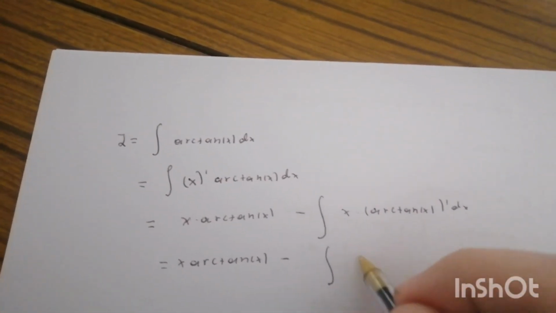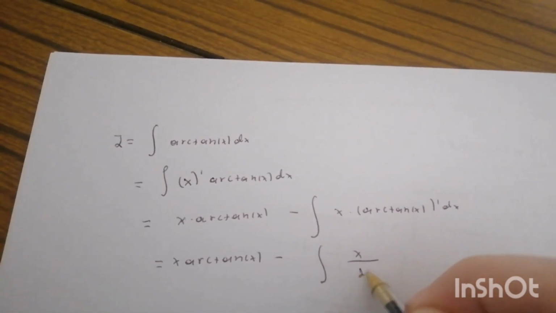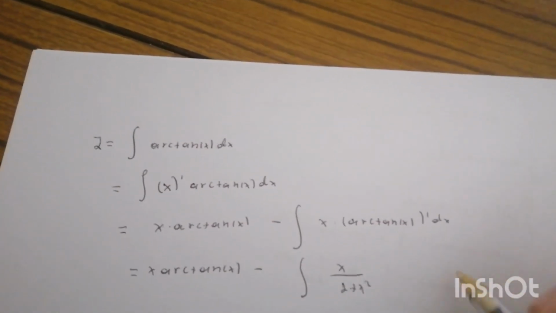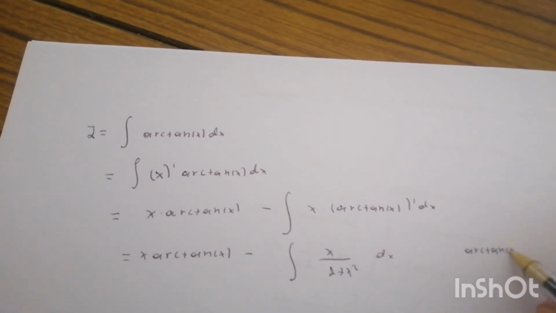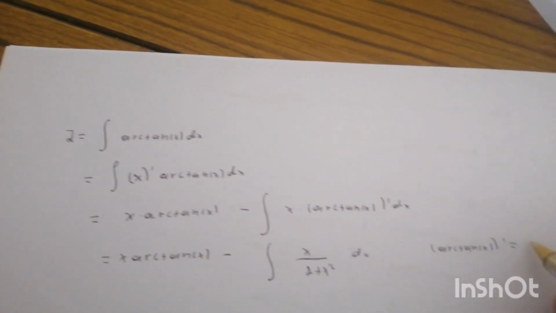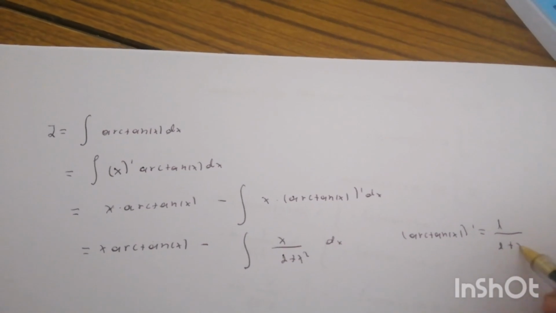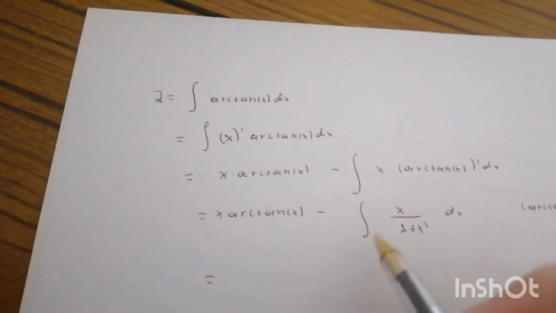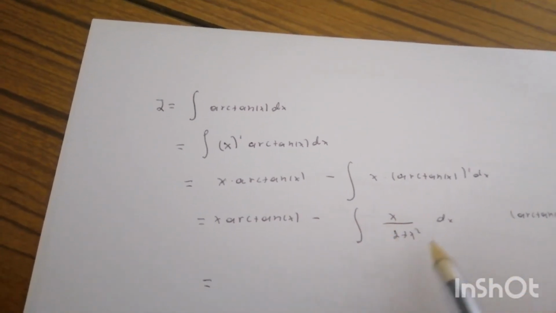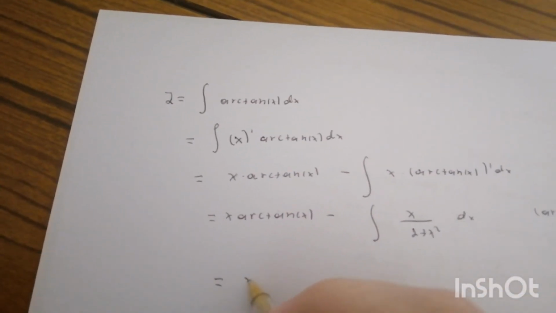The derivative of arctangent of x, so I can write it here properly, is 1 over 1 plus x squared. Now here we only have this integral to evaluate.